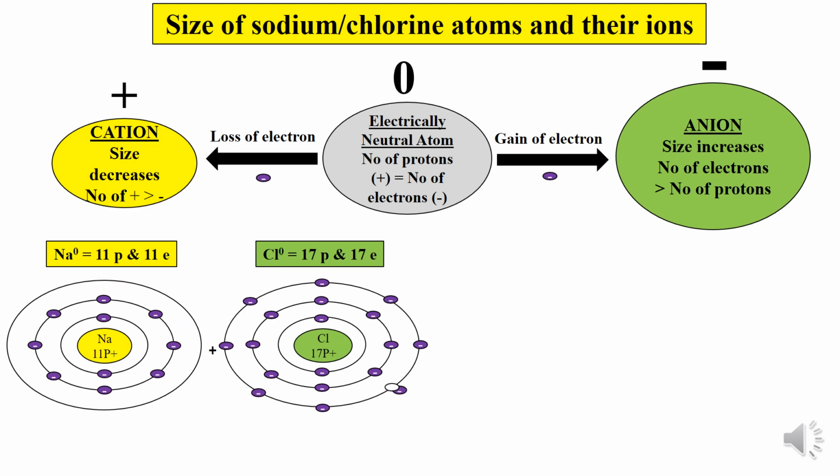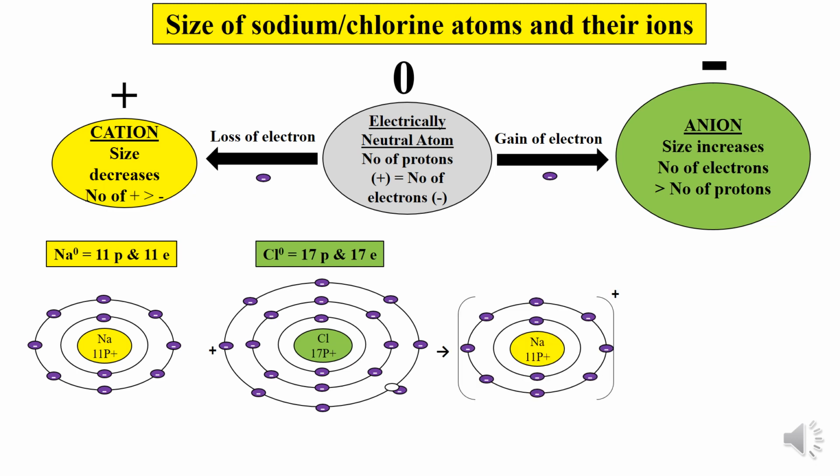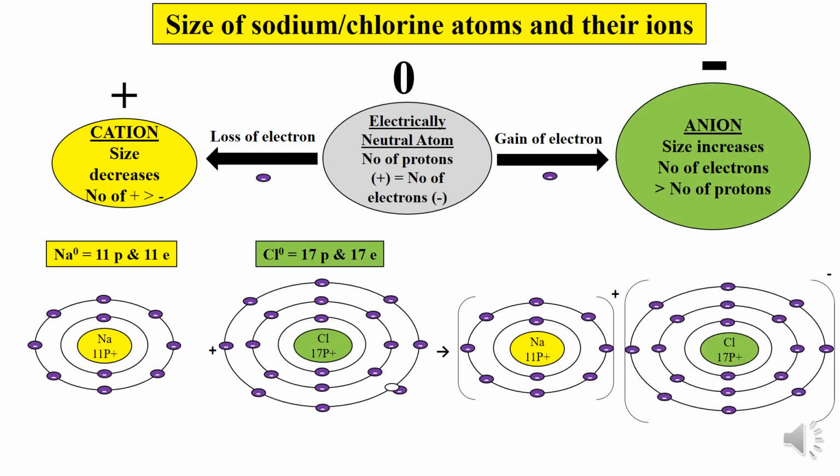Now when the sodium loses its only valence electron from the outermost shell to the electrically neutral chlorine atom, let's see what happens. You see the shell has disappeared. This results in the formation of a sodium ion and a chloride ion.